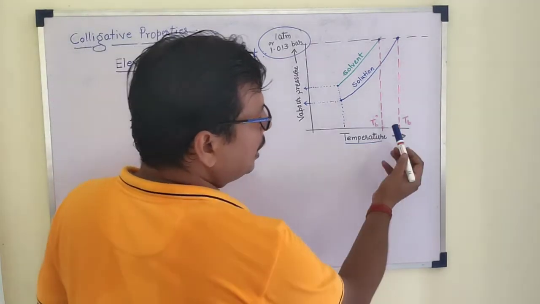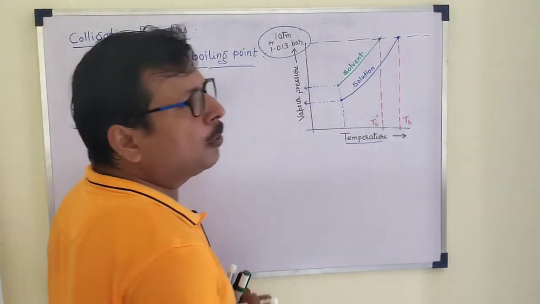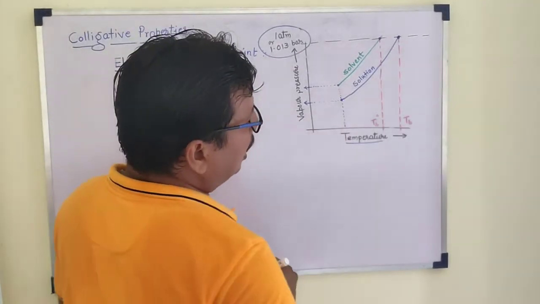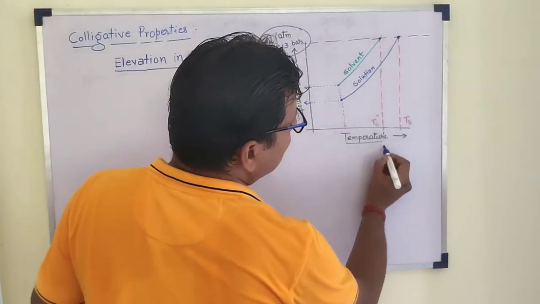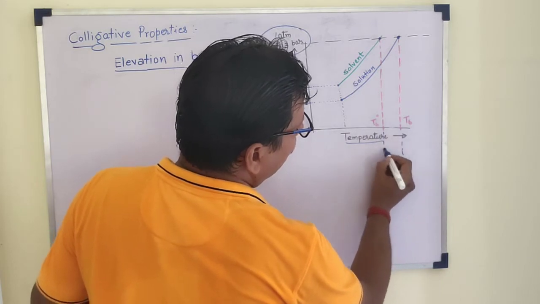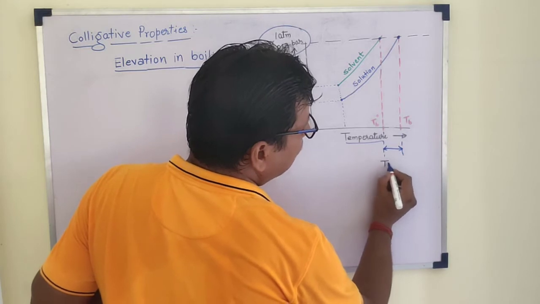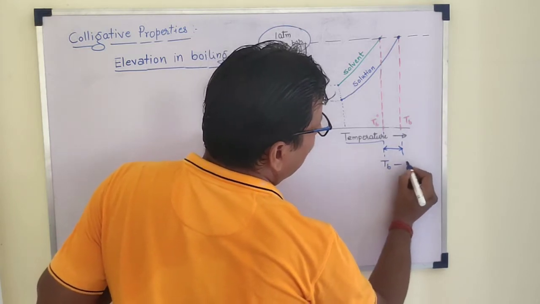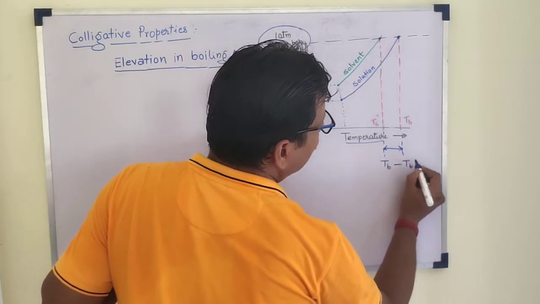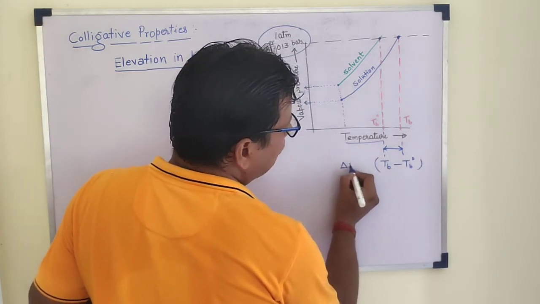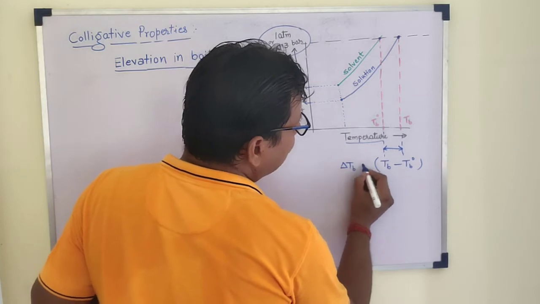This temperature is higher than the boiling temperature of the solvent, and this difference, between the boiling temperature of the solution and the boiling temperature of the solvent, is called delta TB, or elevation in boiling point.